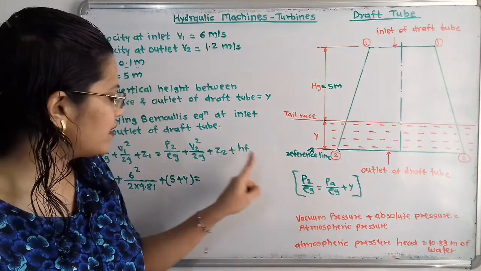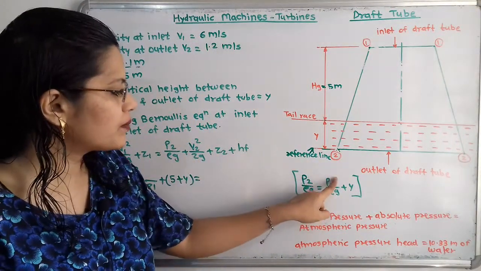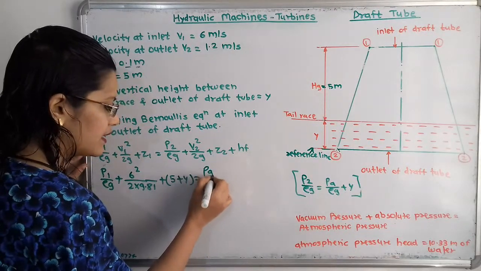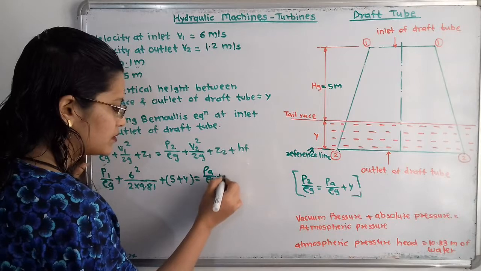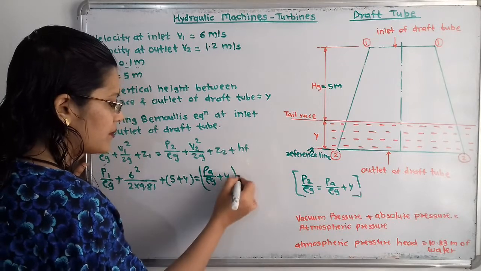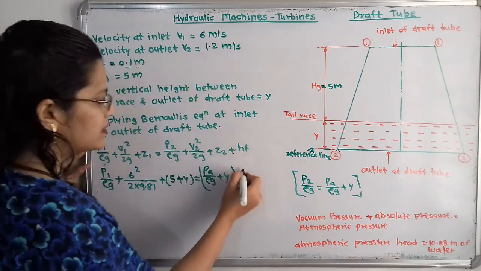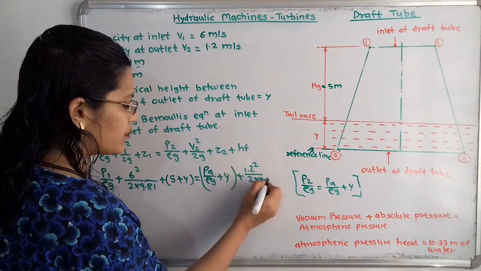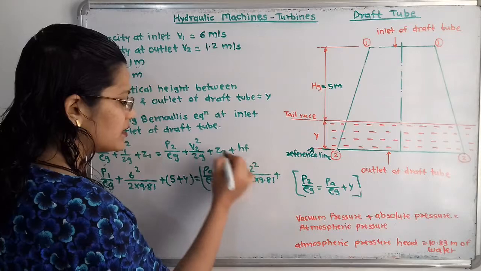So P2 by rho g is equal to PA by rho g plus y. So I will write here PA by rho g plus y plus V2 square by 2g, that is 1.2 square by 2 into 9.81 plus Z2.